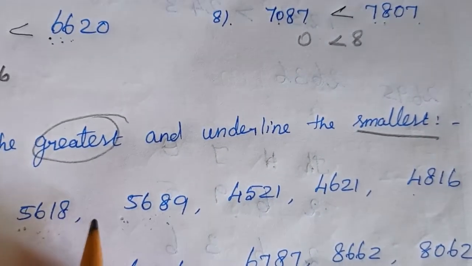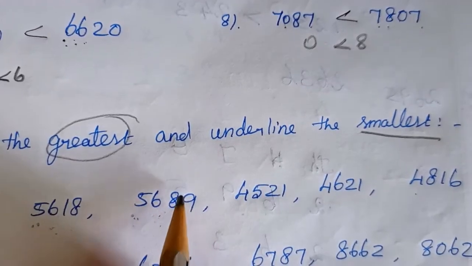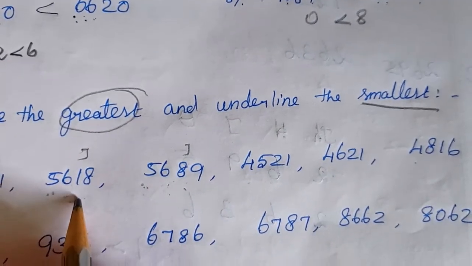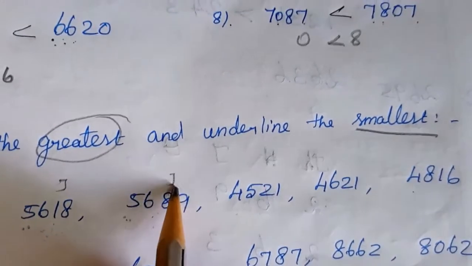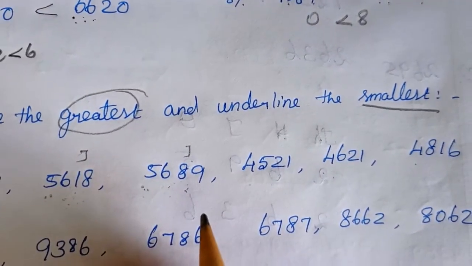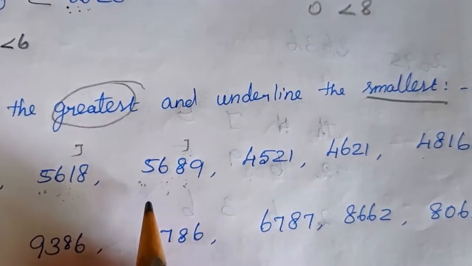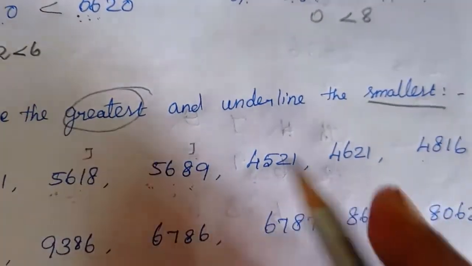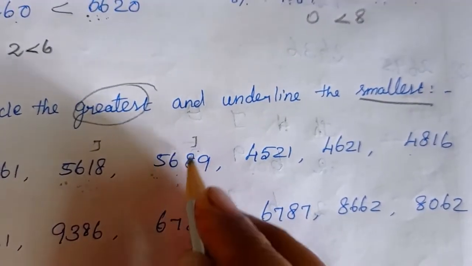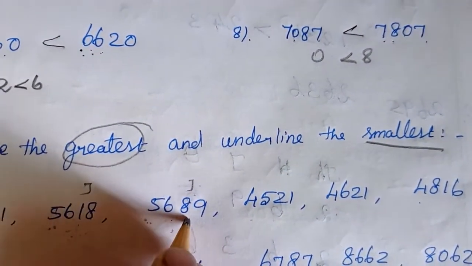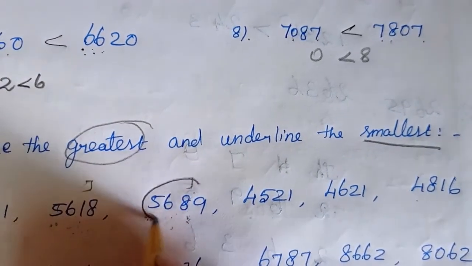Yeah, go for the next highest place value, that is the 10th place value. The first number's 10th place value is 1 and the second number's 10th place value is 8. So which one is greater, 1 or 8? 8 is greater. So the greatest number in this series is 5689. So circle this.